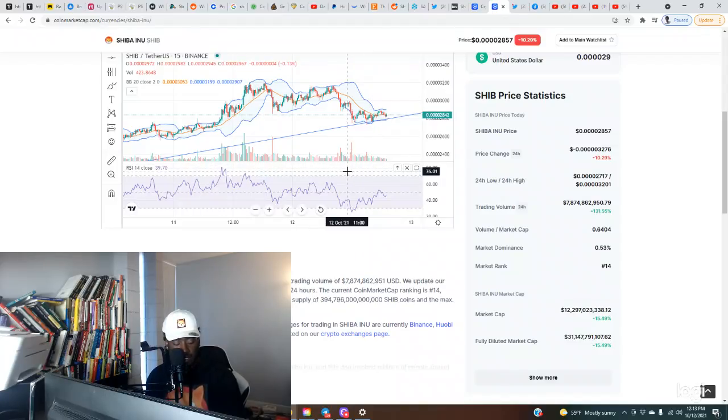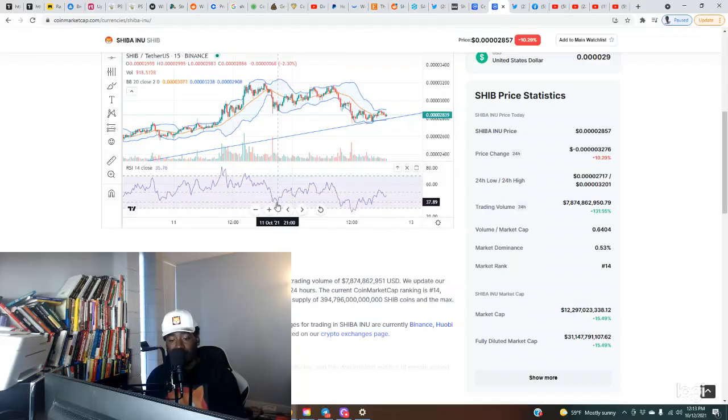What I like to see is the price underneath the 35 level. A 35 and below is oversold, a 70 and above is overbought. Once it becomes oversold and everybody's devaluing it and selling it, that's when the smart investors or smart money comes in and buys it up. So that's what we're looking for.